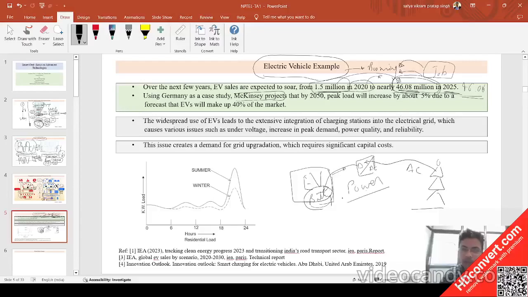So if there are 46.08 million cars, you need a huge amount of power to charge your batteries. It means you need power which is beyond the capability of the conventional grid, because initially IC engine vehicles were prominent.